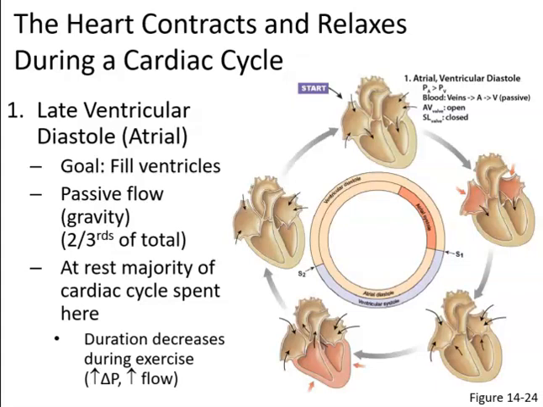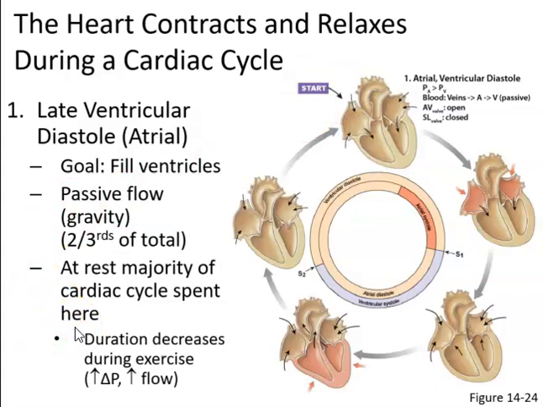So typically the cardiac cycle is described as having 5 phases. The first phase starts here. So this is the first phase of the cardiac cycle. This is late ventricular and atrial diastole. At this point, the pressure in the atria is greater, and as it fills with blood, it increases.